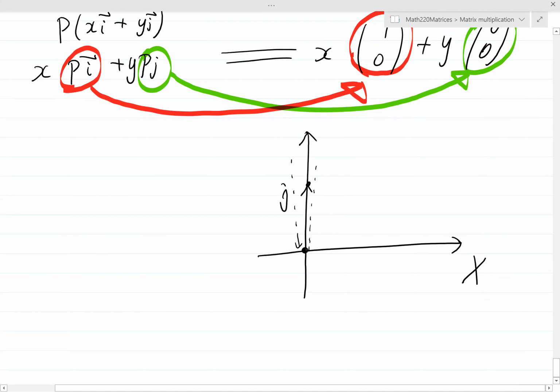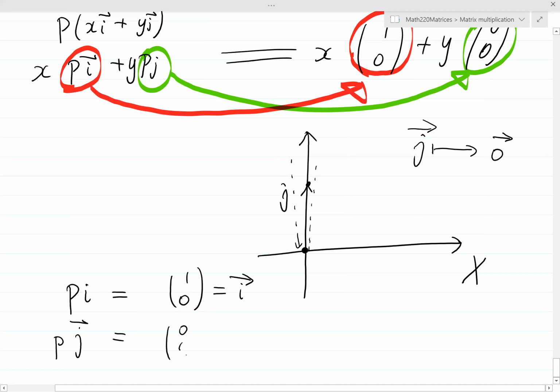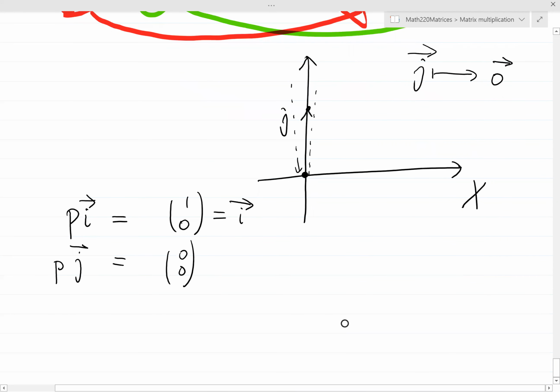So j goes to the zero vector. This you can write as P i is (1, 0), which I keep fixed, and P j goes to 0. j is just killed under this projection.